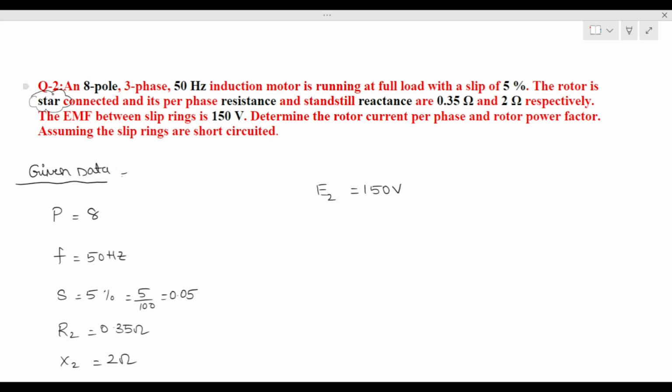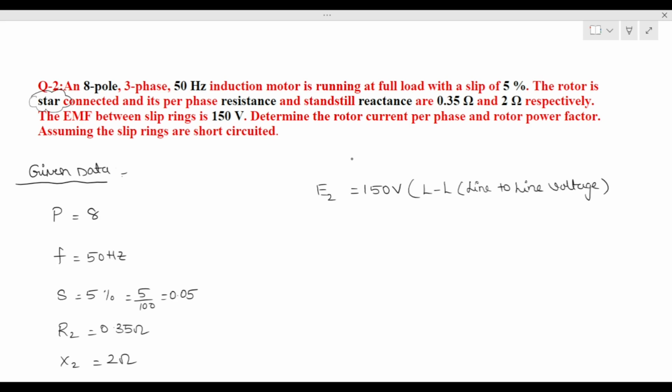The EMF between slip rings is between 2 slip rings, that means it is the line to line voltage. But in the problems we are solving, we are always interested in finding the per phase voltage.